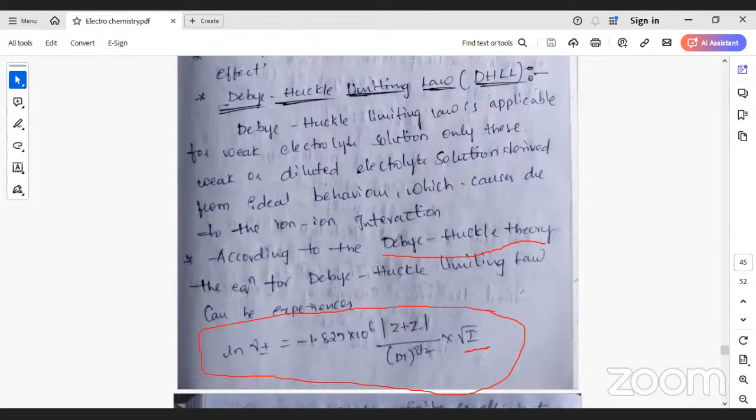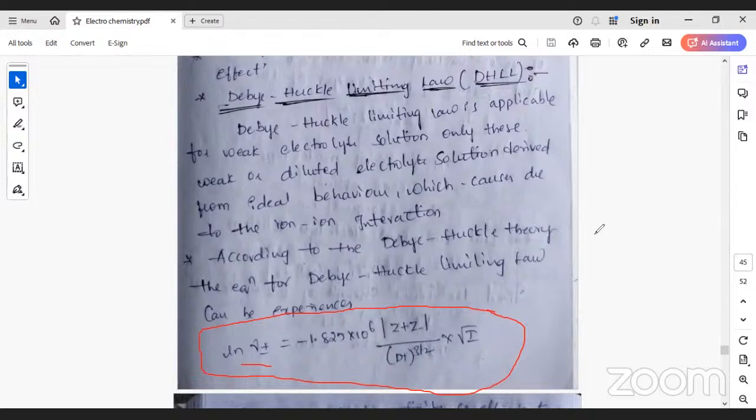With the help of the assumptions of the asymmetric effect and the electrophoretic effect, Debye and Huckel derived this equation, which is called the Debye-Huckel limiting law. Once again we will see this equation: ln gamma plus or minus equals minus 1.825 into 10 to the power of 6, modulus of z plus z minus.